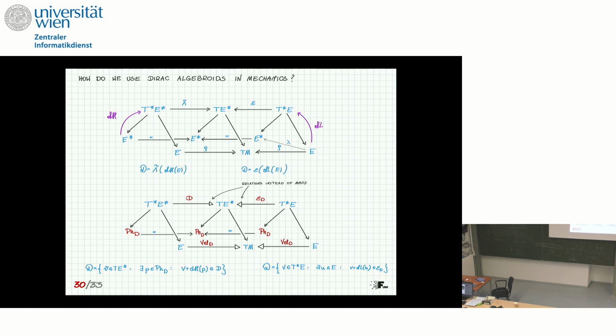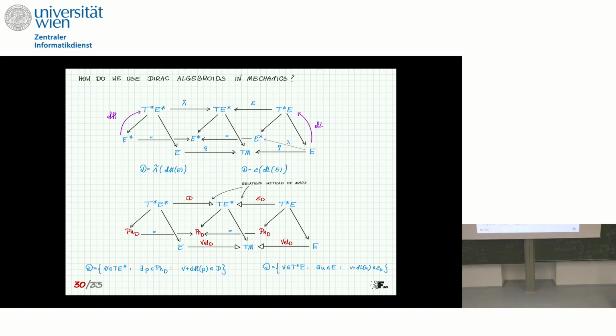I can treat this subbundle of the Whitney sum of this and this as a relation between covectors and vectors. So I can take a covector here and ask the question, what are the vectors that are related to this particular covector? Since the Hamiltonian part is isomorphic to the Lagrangian part, I can always compose this relation with the isomorphism and get the Lagrangian relation. So here I work with relations instead of maps.